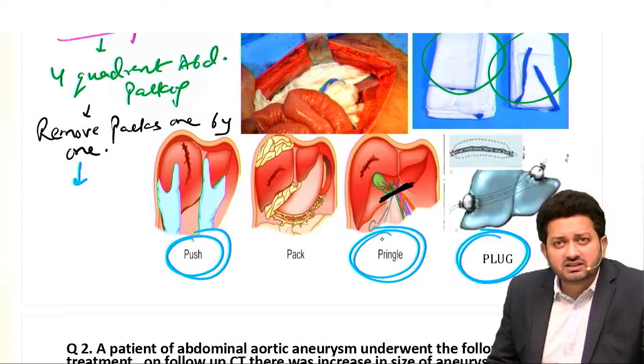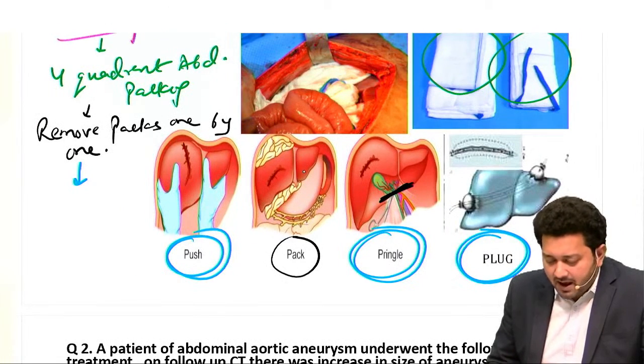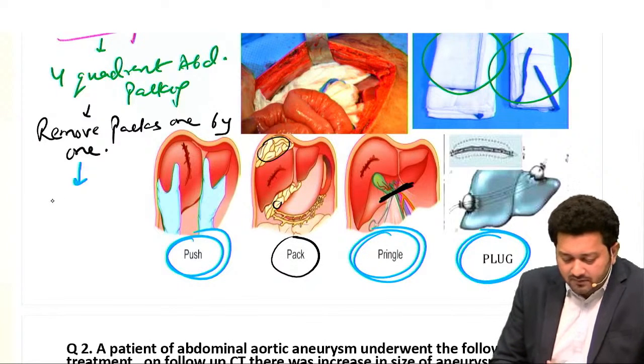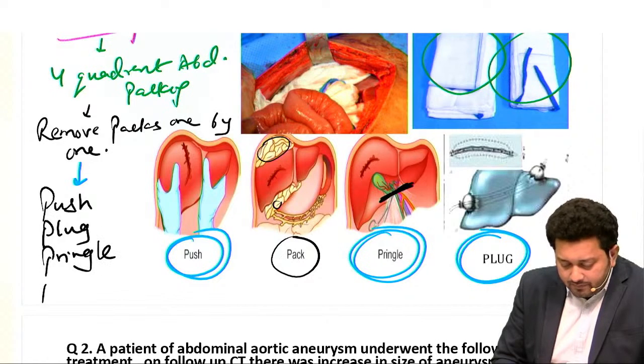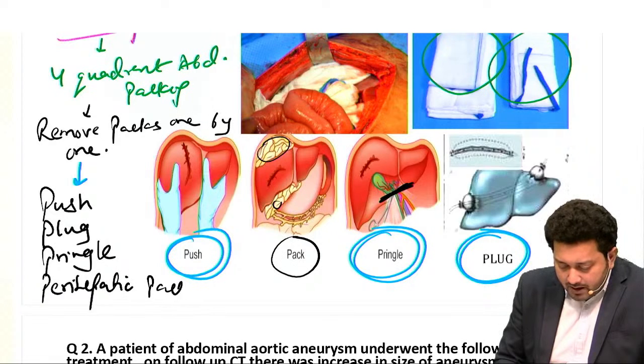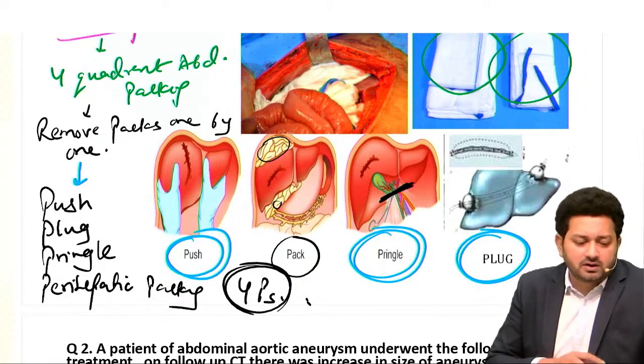And if despite that the bleeding is there, then pack the liver, perihepatic packing. So push, plug, Pringle, perihepatic packing. These are the 4 P's in liver trauma.